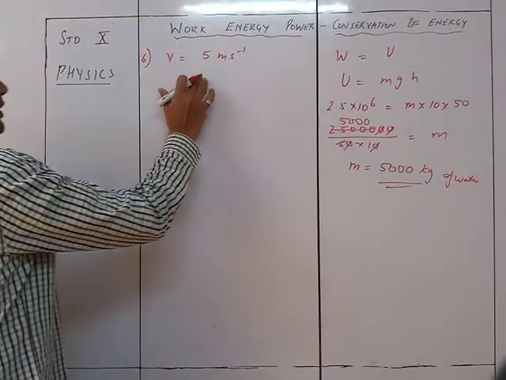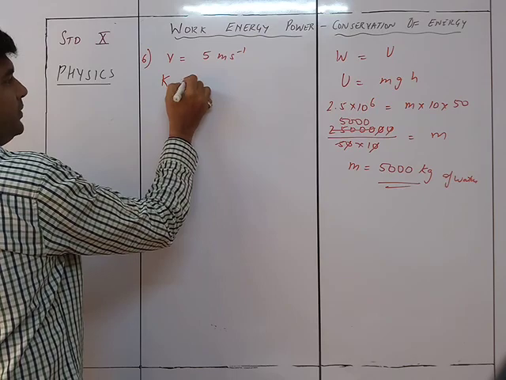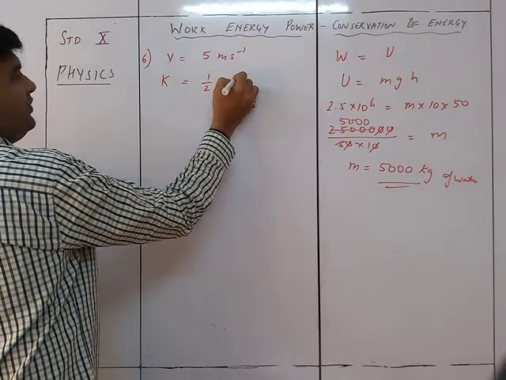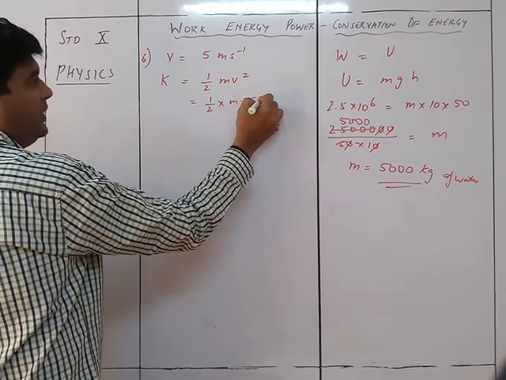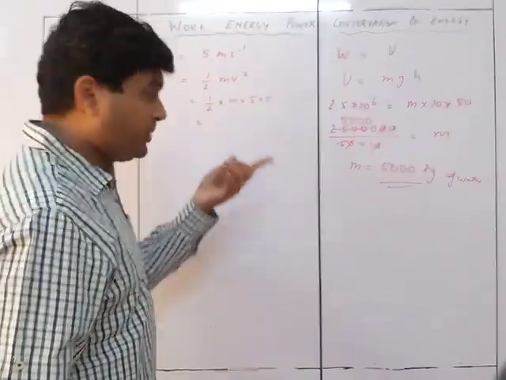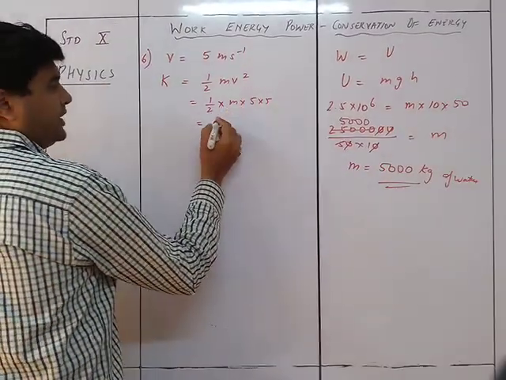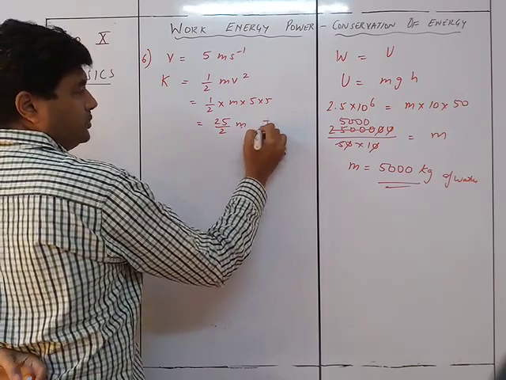So here we will first find out the kinetic energy imparted, which will be half mv square, half into m into 5 into 5. Because the mass is not given to me, we will not take m. So this is nothing but 25 upon 2m joule.